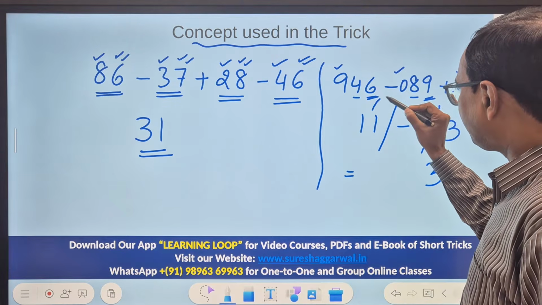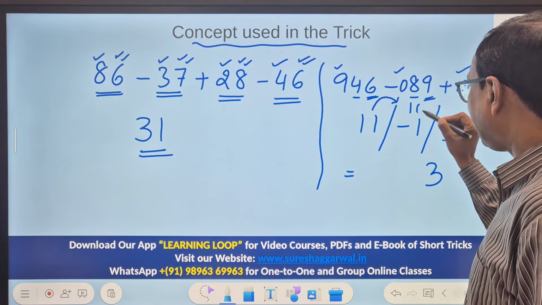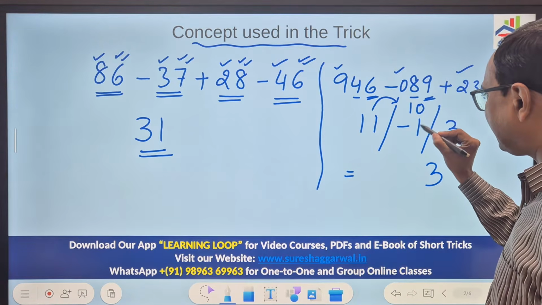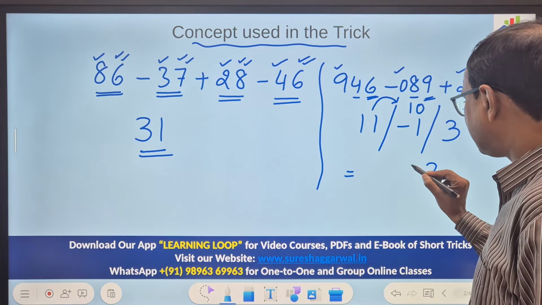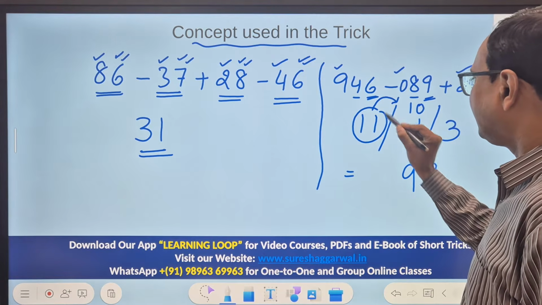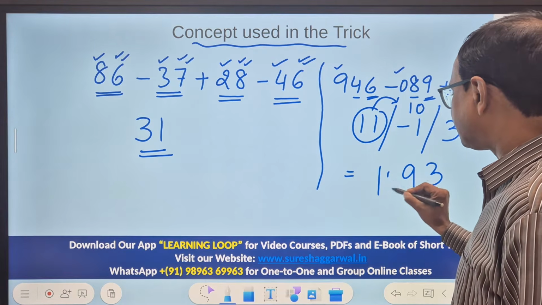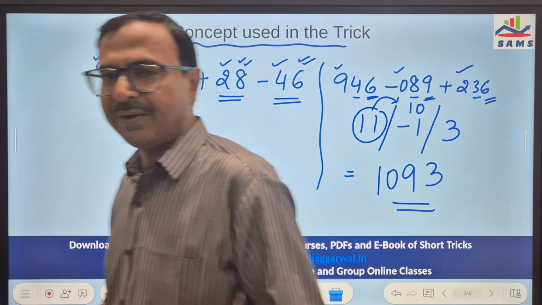I'll borrow 1 from here, and borrowing 1 means borrowing 10. So this negative 1 will get subtracted from 10. So 10 minus 1 is 9, and finally because this gave away 1, 11 becomes 10, and my answer is 1093 for the question. Right, friends?